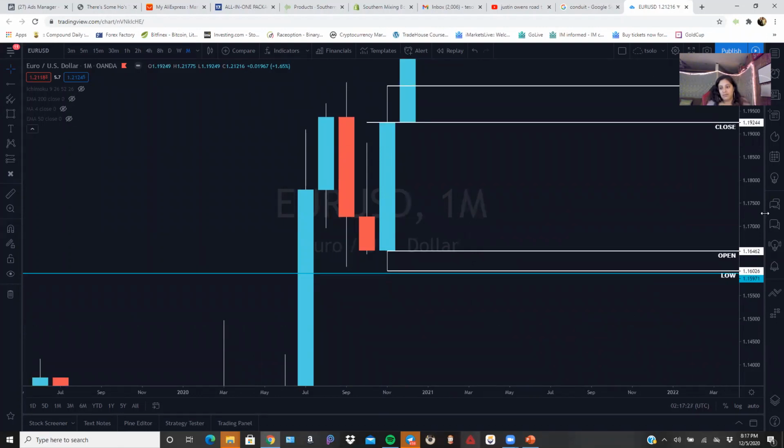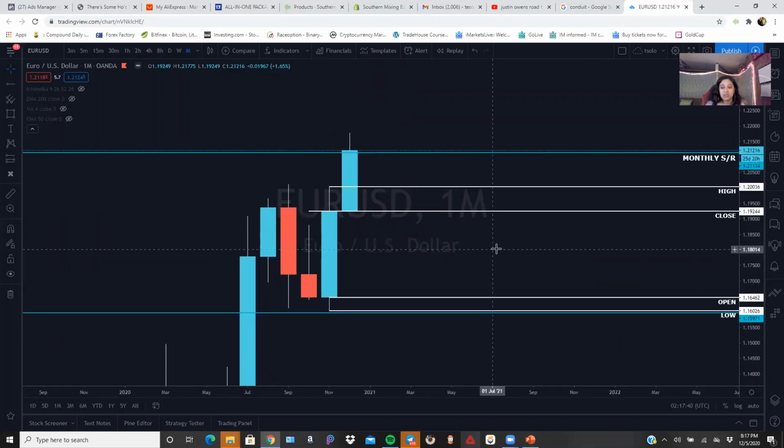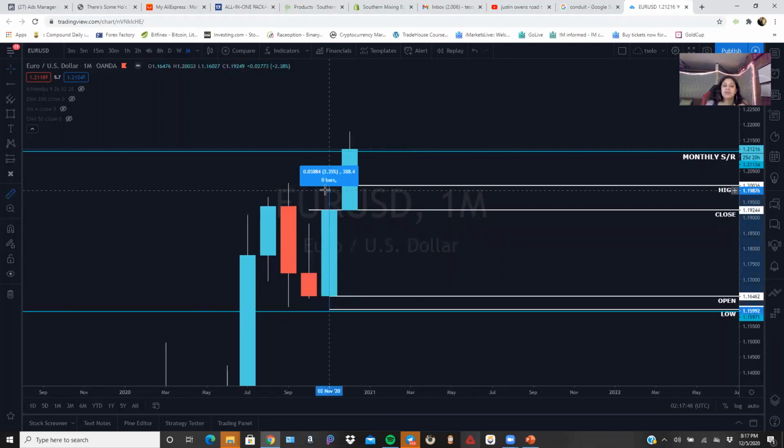The lowest EURUSD ever went in November was 1.16026. All right. So now that y'all understand what's going on here, within the month of November EURUSD literally moved up and down a total of 400 pips.